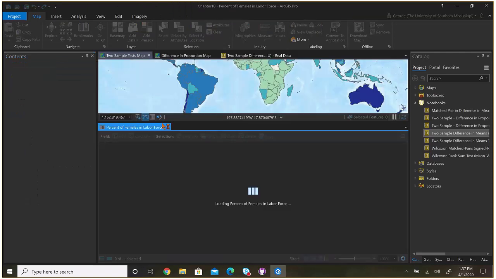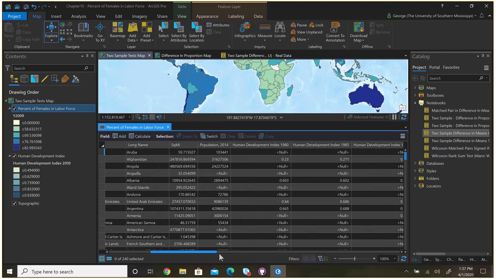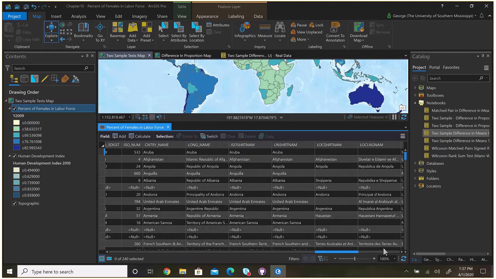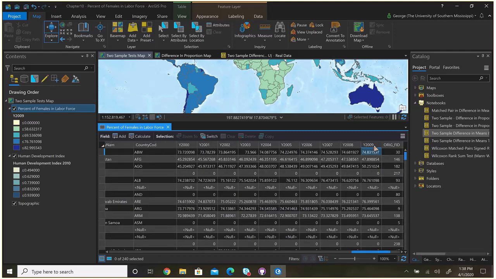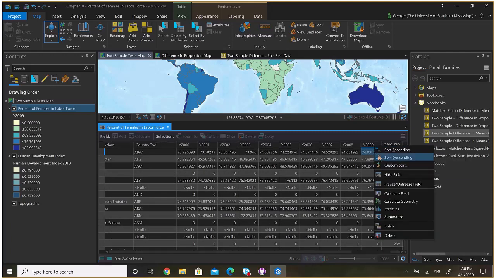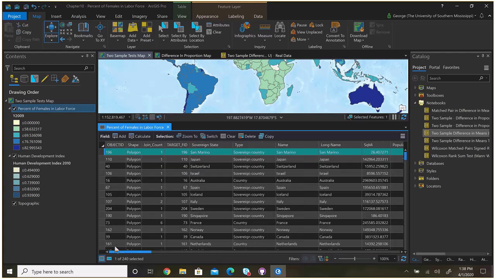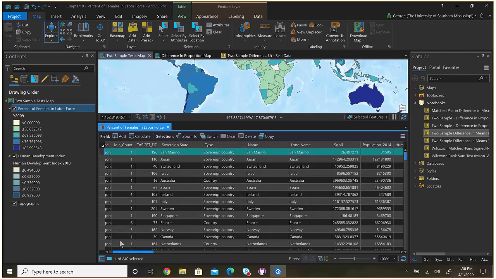So we open the attribute table, we find the percent of females in the labor force. That's this one. It's not named very well, but right there, that country, whatever country it is, San Marino.